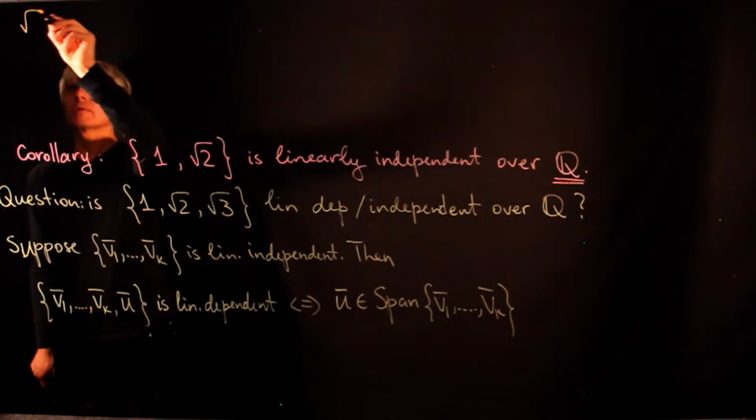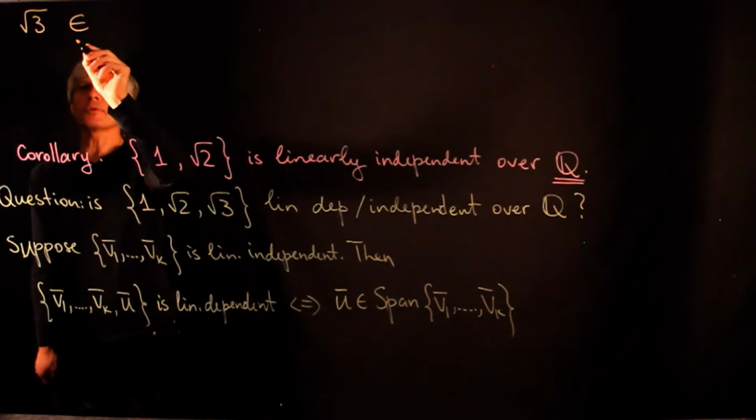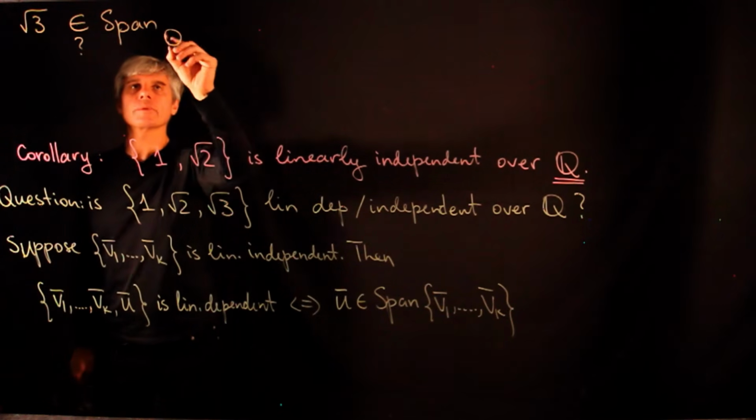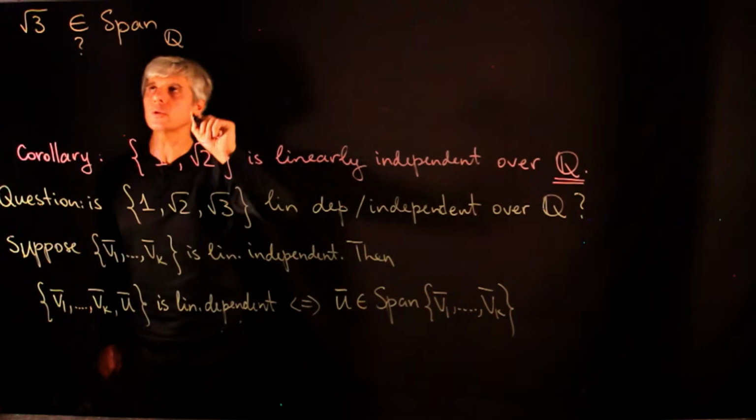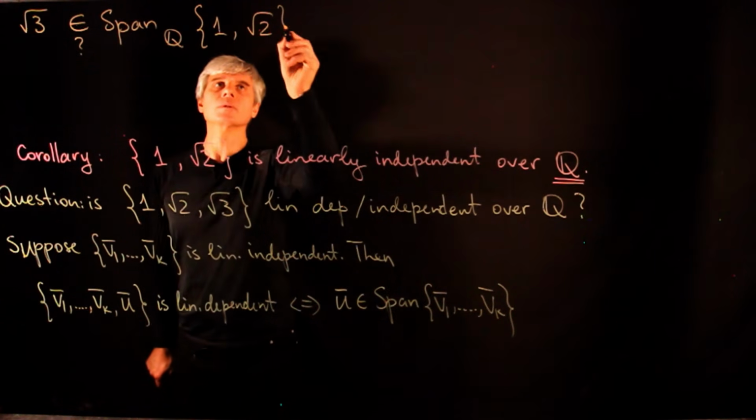Just to make it clear, we'll say span over Q, of 1 and square root of 2.